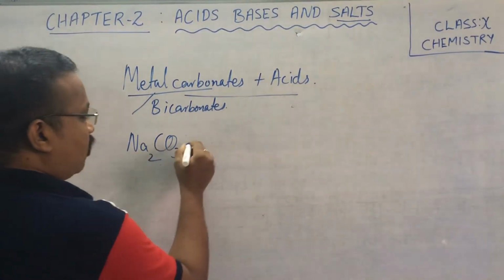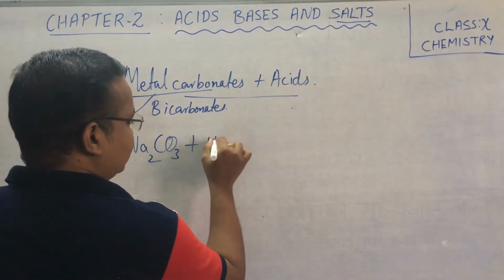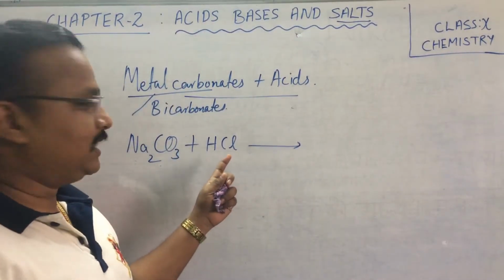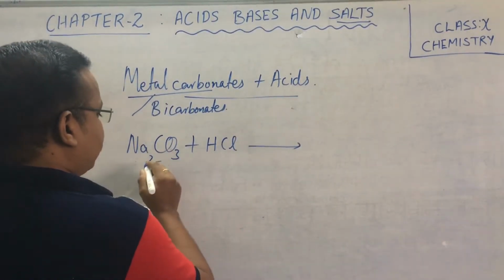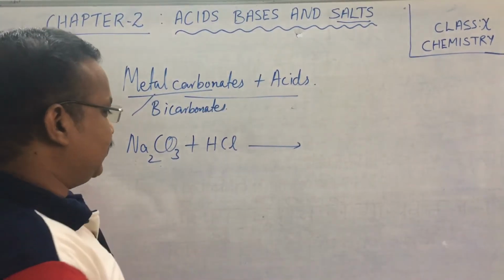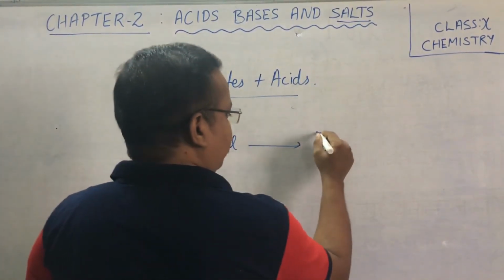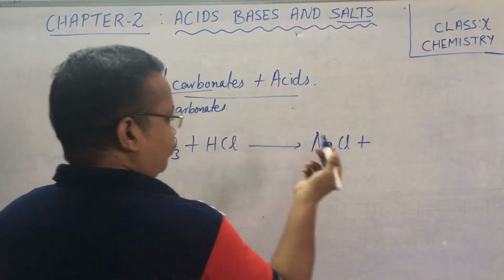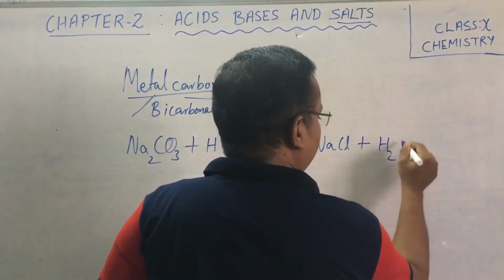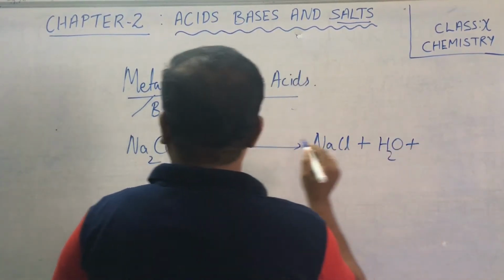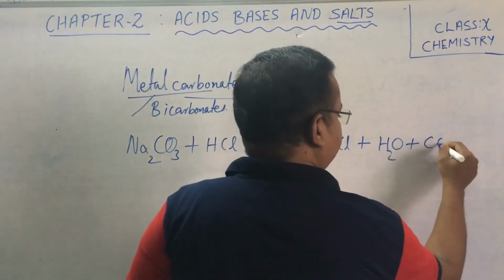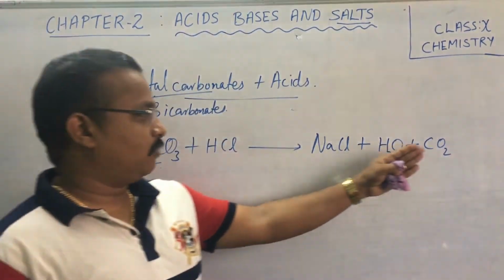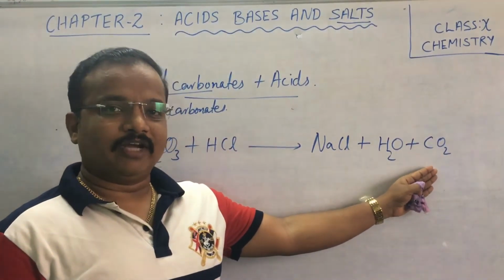Sodium carbonate on reacting with an acid, let's take one acid as HCl. On reacting Na2CO3 with HCl, they will produce NaCl plus H2O plus carbon dioxide. So this is an extra substance that is formed apart from what we have discussed so far.